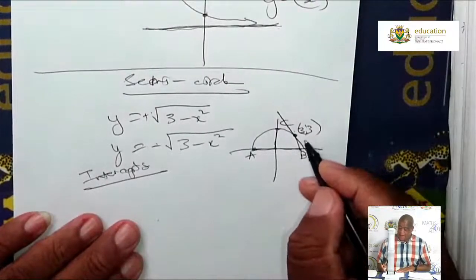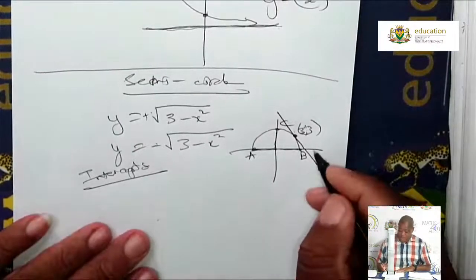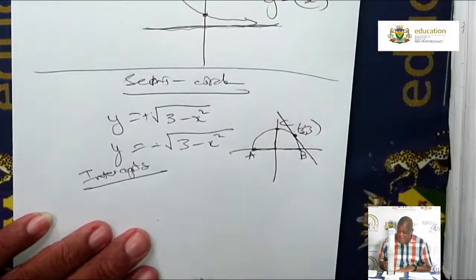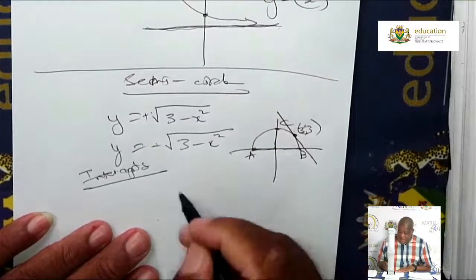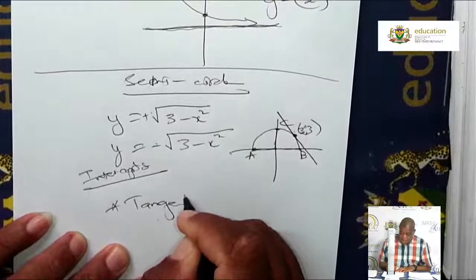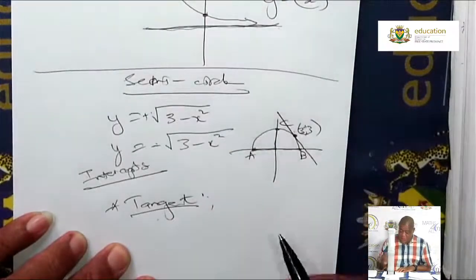And the examiner will now ask what is the equation of the line. That means now he's bringing in the linear function in the form of a tangent into the semicircle.